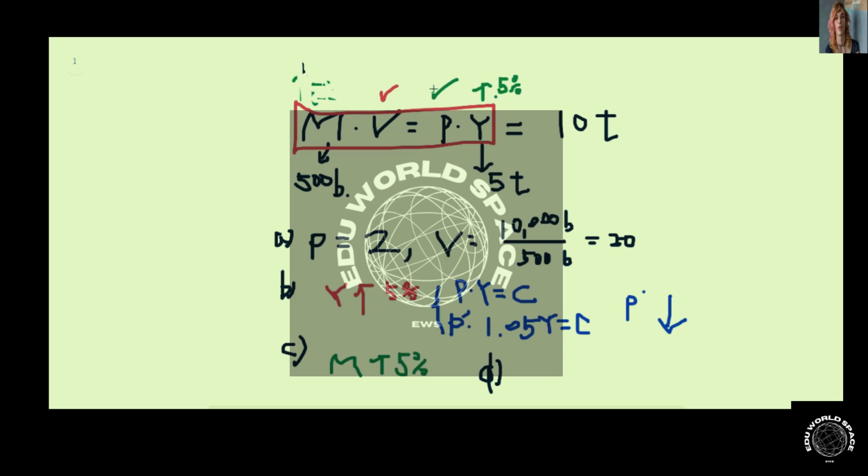So we still have this constant velocity and this 5% increase in Y. Say now that the government wants inflation to be 10%. So if we want this 10% inflation, then in order for this equation to hold, the money supply has to increase 15%.